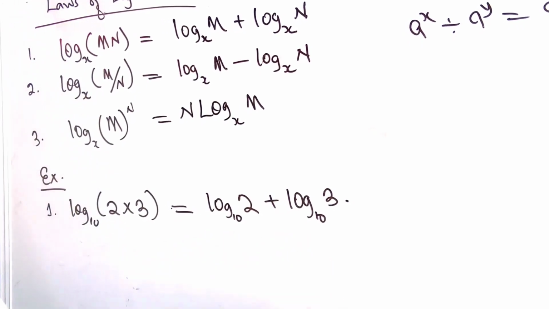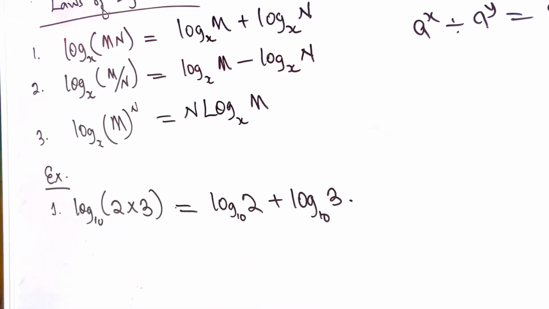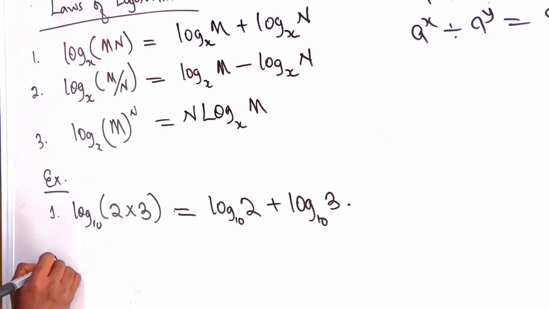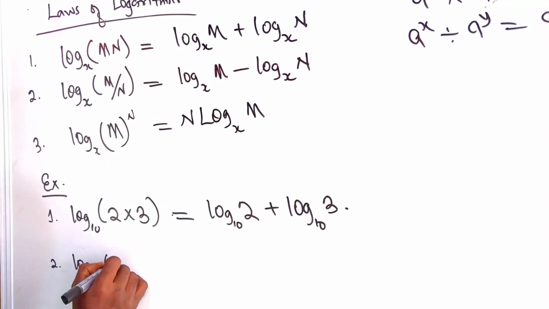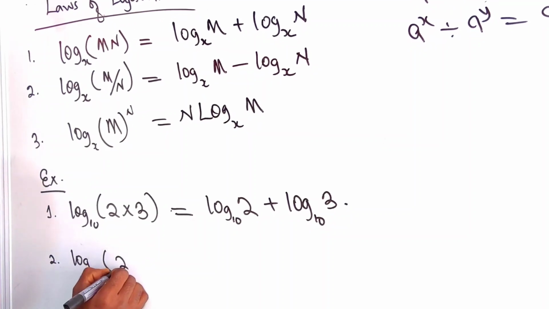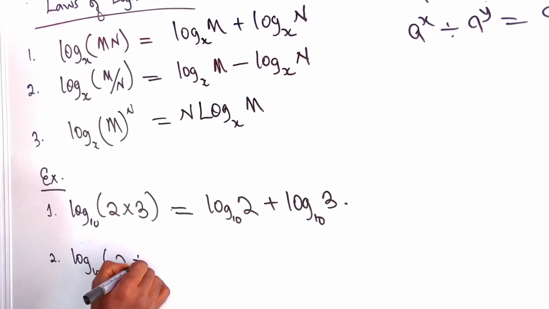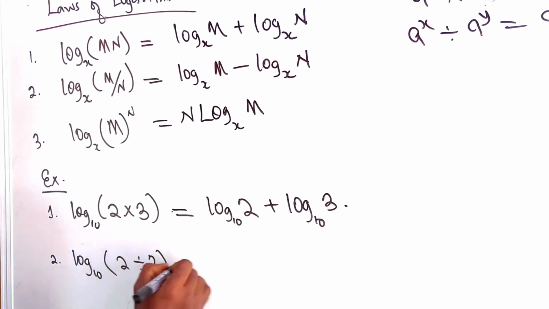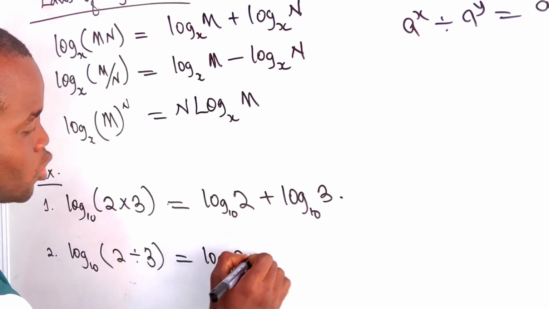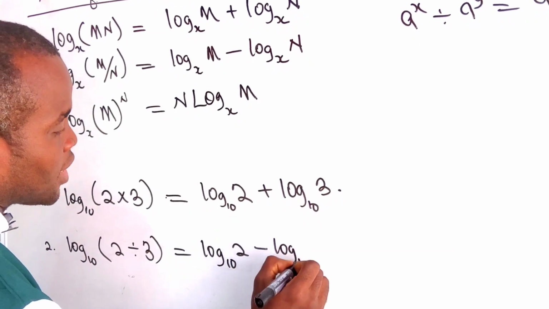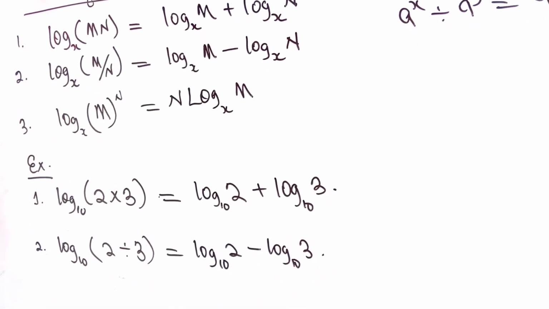Very, very straightforward. But what about if you have log base 10 of 2 divided by 3? This also will be log 10 of 2 minus log 10 of 3.